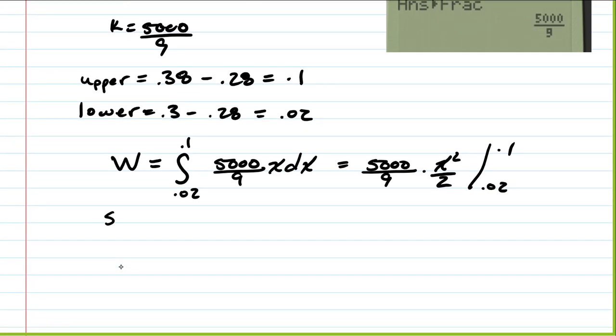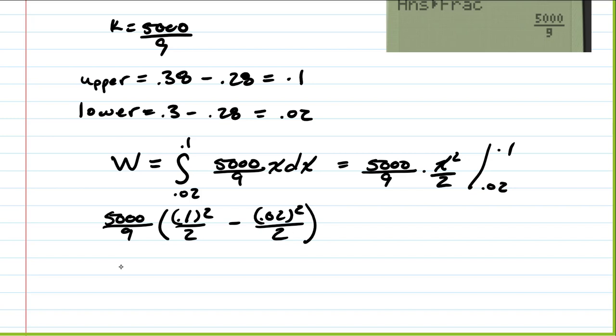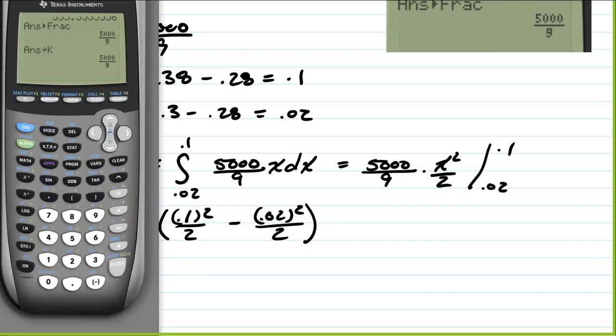So we're going to get 5,000 over 9 times 0.1 squared over 2 minus 0.02 squared over 2. Well, let's put all that into our calculator. Since I have 5,000 over 9 saved in my calculator, I can just go alpha k.